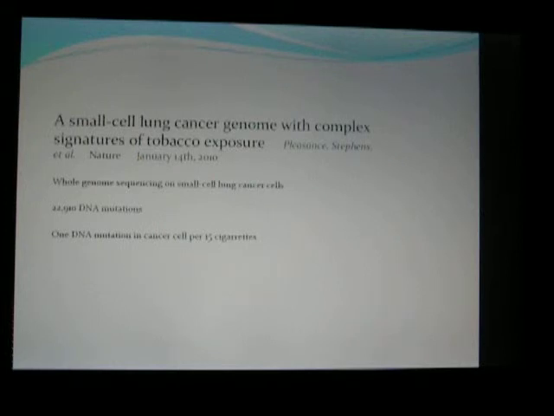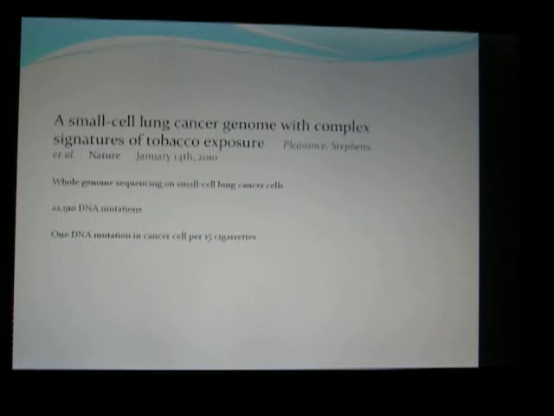They sequenced her normal cells and they also sequenced her cancer cells. And comparing the normal genome sequence to the cancer genome for that patient, they found 22,910 DNA mutations. And one DNA mutation they estimated occurred in the cancer cells for every 15 cigarettes that the patient smoked.